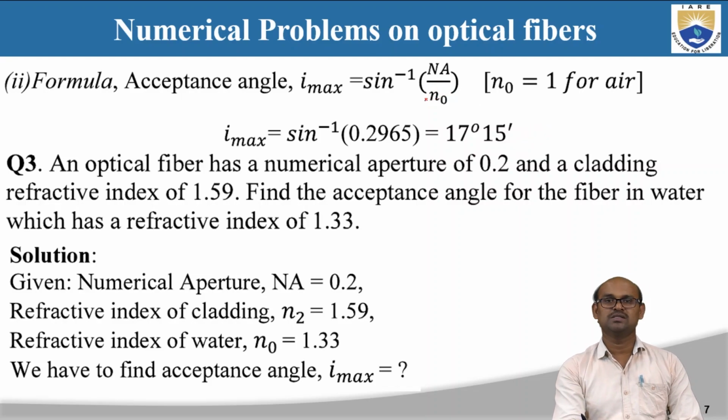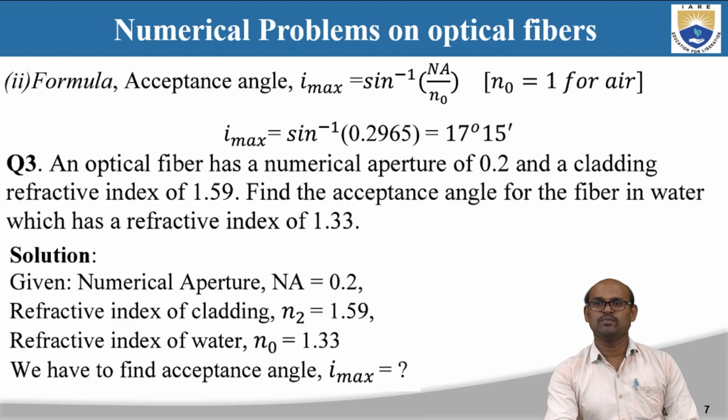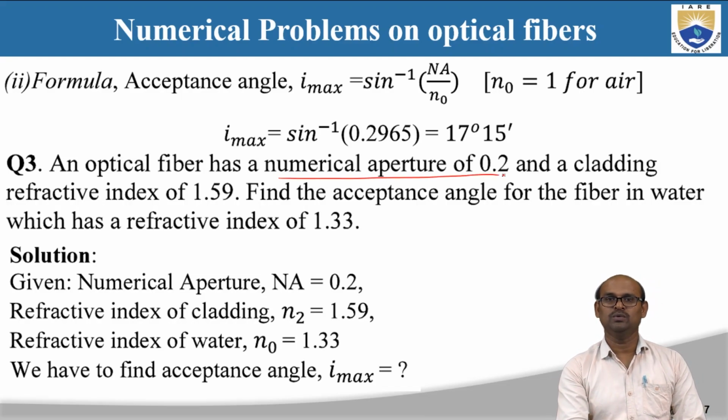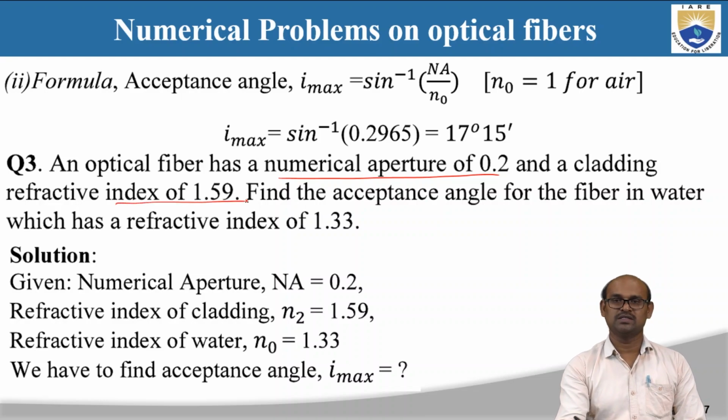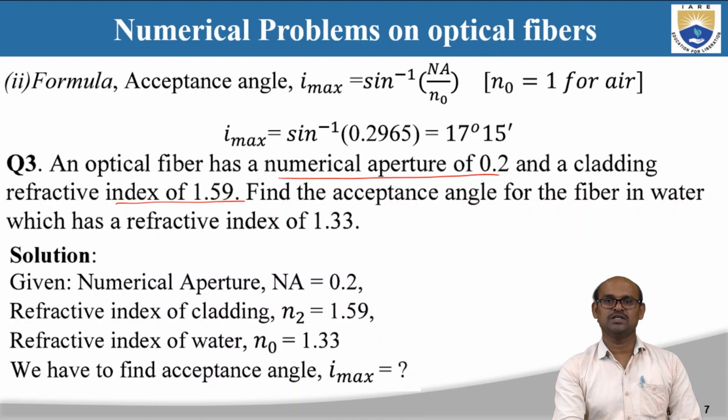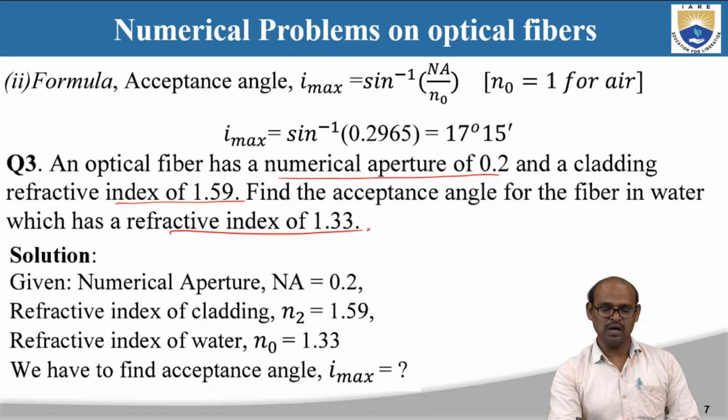So the third one is: an optical fiber has a numerical aperture of 0.2 and a cladding refractive index of 1.59. Find the acceptance angle for the fiber in water, which has a refractive index of 1.33. So now, they have given the numerical aperture.